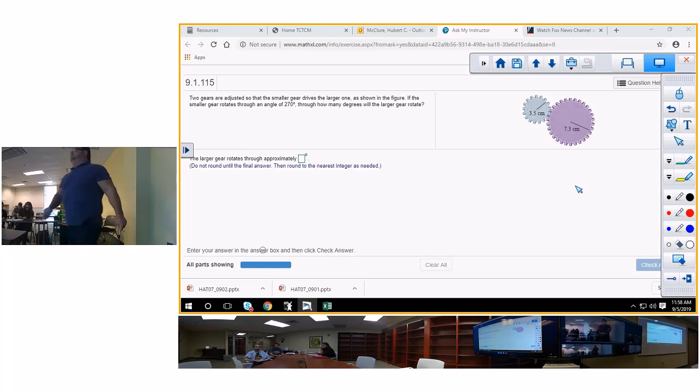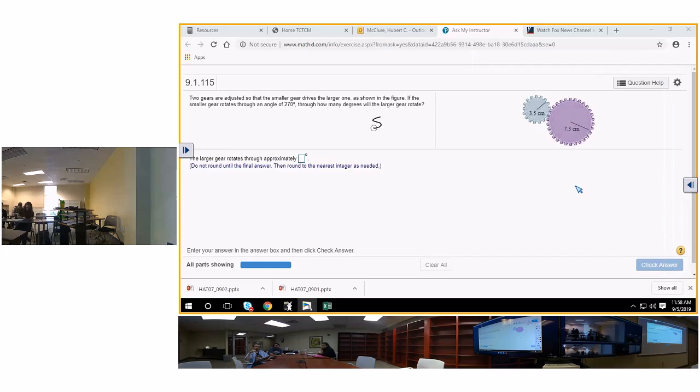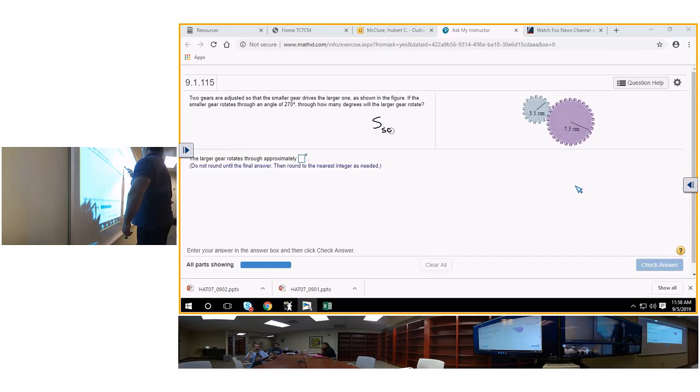So I've got to figure the distance traveled by the small gear is equal to 270, which is 3 pi over 2, multiplied by 3.5.